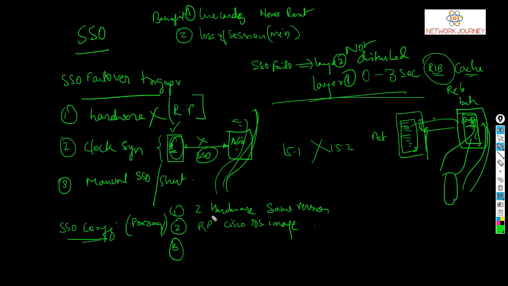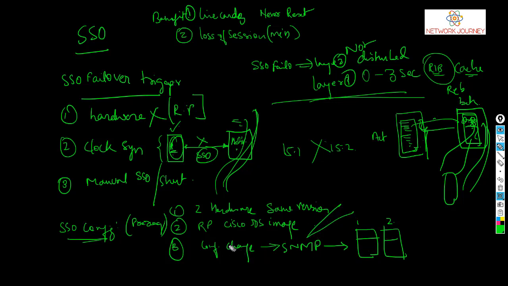There is one more prerequisite: the configuration change which is made through SNMP may not be automatically configured on the secondary RP. So when I have two devices with RP1 and RP2, you might know that SNMP comes with two sets of packets.